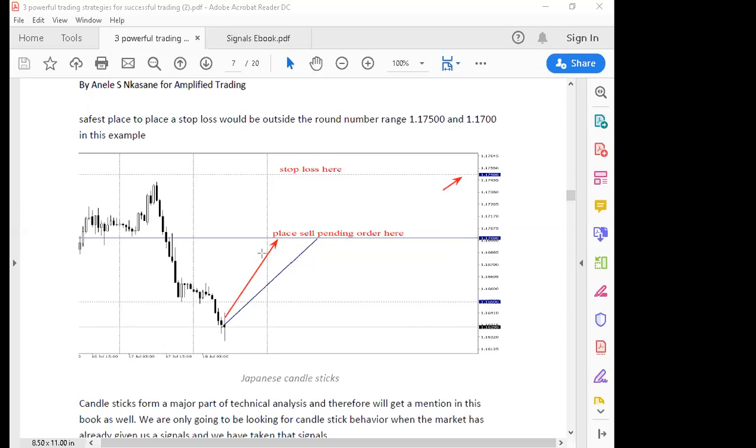So you place your sell stop, you set your limits, or rather the volume, okay? And you just place your sell stop there. And when the market comes in and triggers your sell stop, now you've got an active position. What you need to do then is to obviously manage the position. Now, you can do it one of two ways.